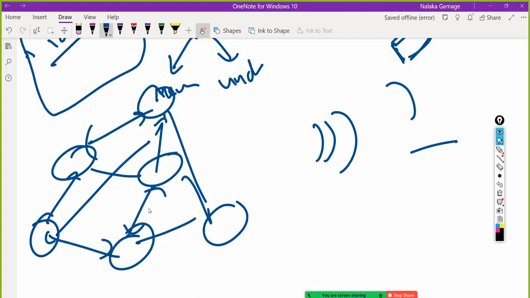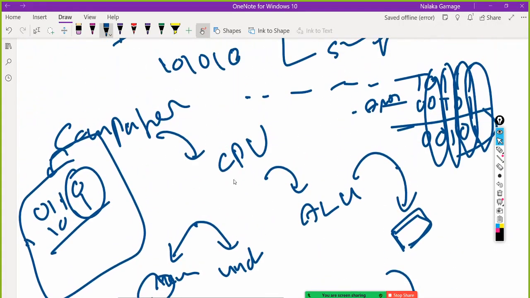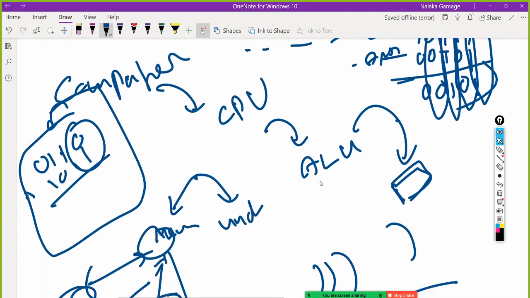Okay, right. So the processing is done by logic gates. Then logic gate is a conceptual thing again. Logic gate is not a physical thing. It is a conceptual thing that you draw like this.